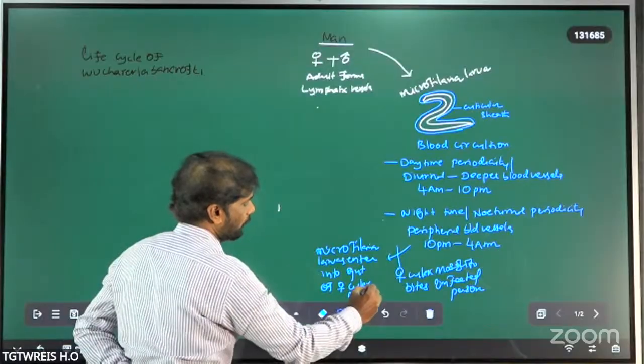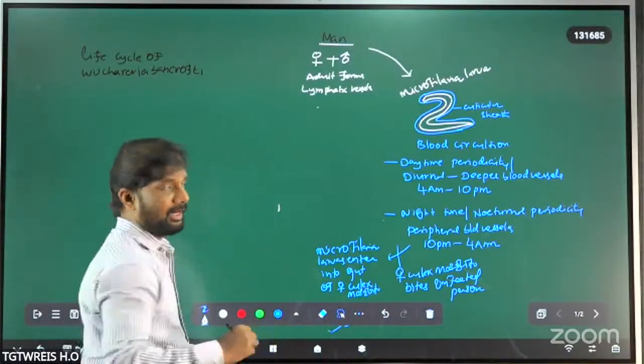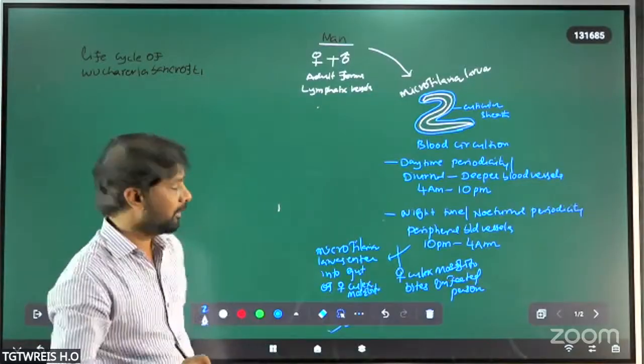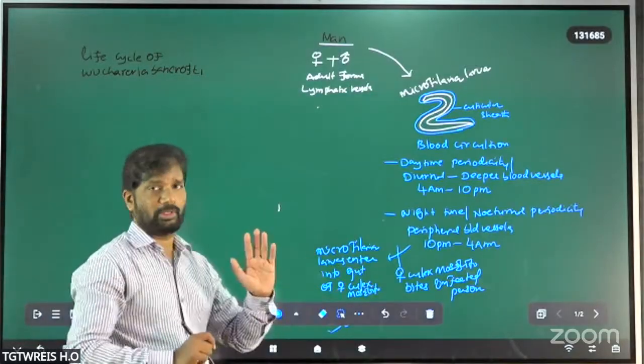Where are the microfilariae larvae present now? In the gut of the female Culex mosquito.